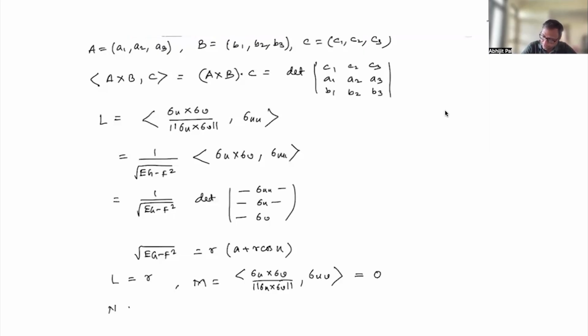And N is equal to the inner product of sigma_u cross sigma_v divided by its norm, with sigma_vv. This will be equal to cos u times (a plus r cos u).